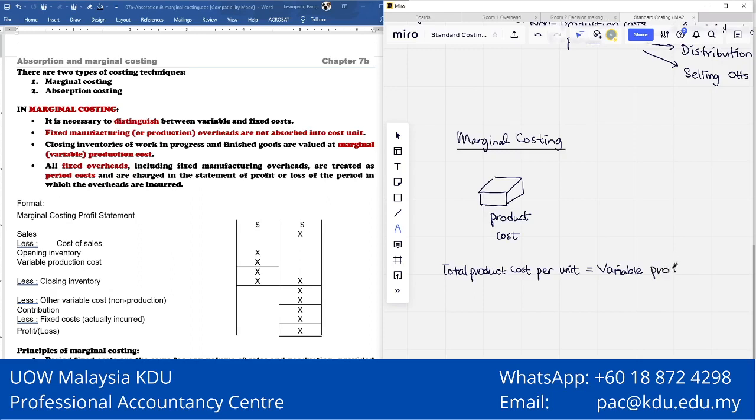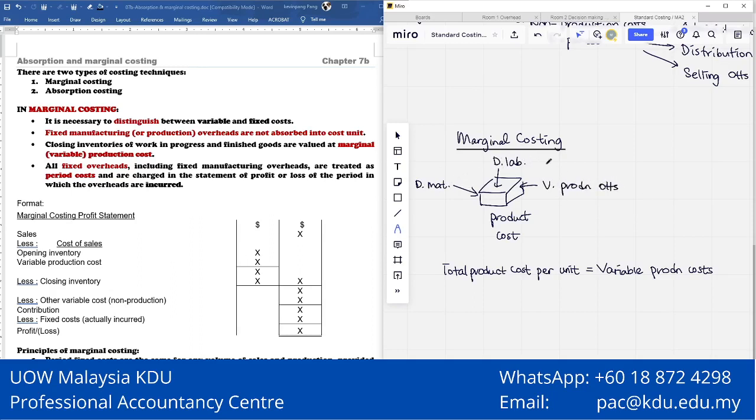What is included in this variable production cost? You have three arrows: direct material, direct labor, and variable production overheads.